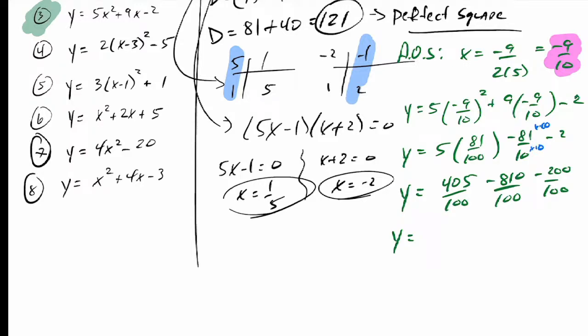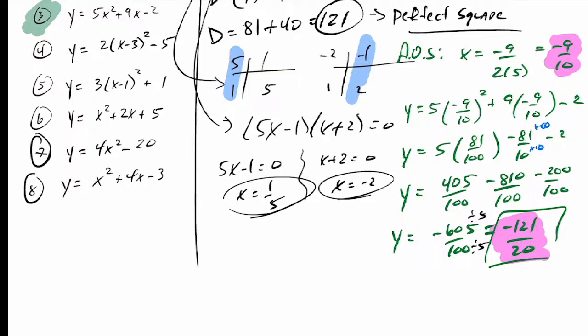So this ends up being negative 605 over 100, which I can reduce. If you just aren't sure, you just divide by 5, you get 121 over 20, just to reduce it a bit. So again, this is divided by 5, divided by 5. I'll try to keep the numbers a little cleaner than that on the quiz.